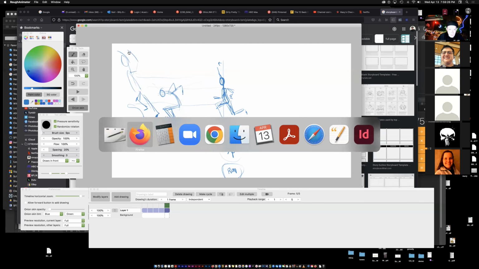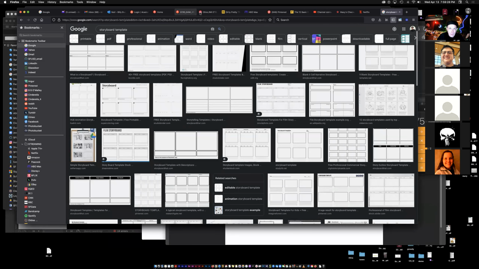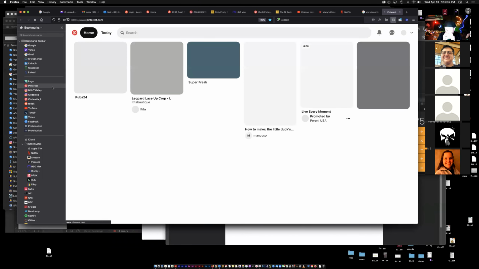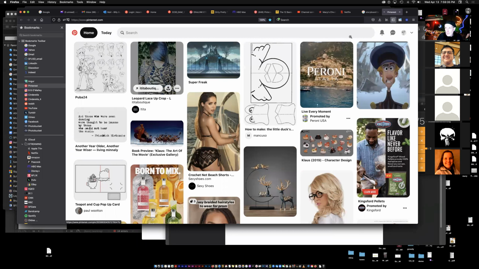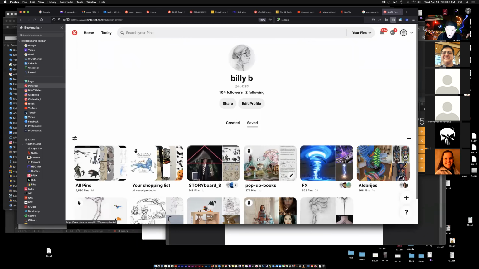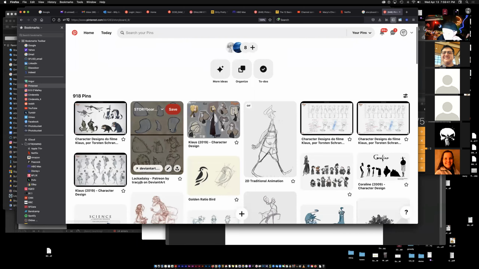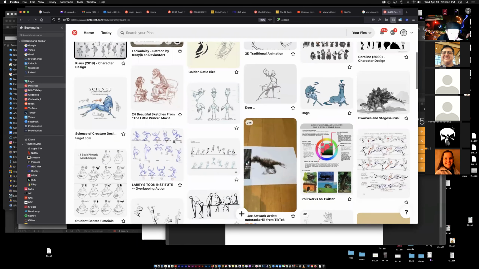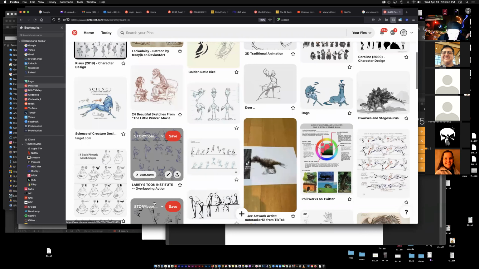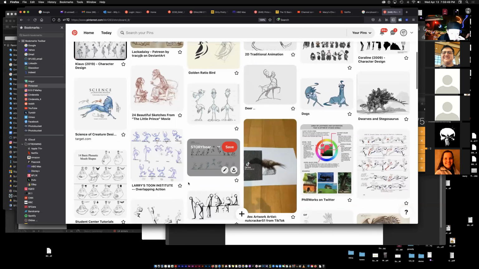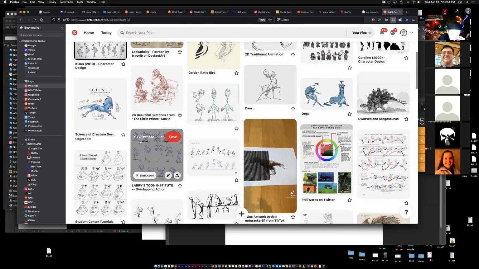And while we're at it, let's go back to our board. I believe last week I put in poses like this. This is the kind of drawing I'm looking for. He's standing neutral. He's taking an anticipation.